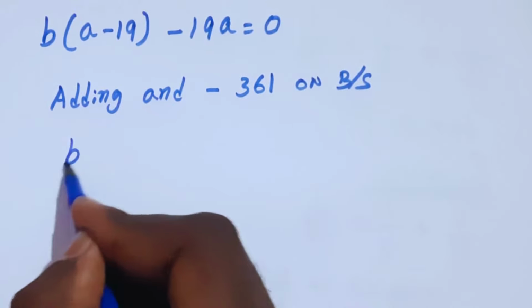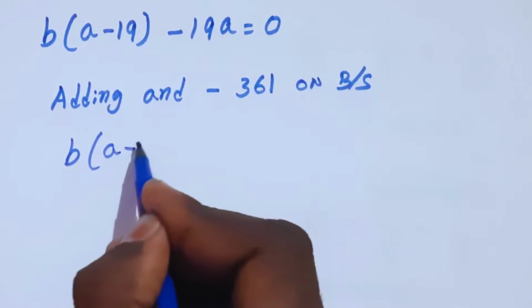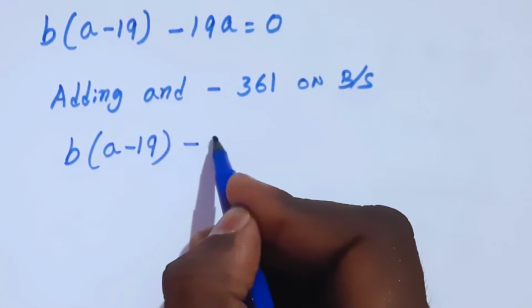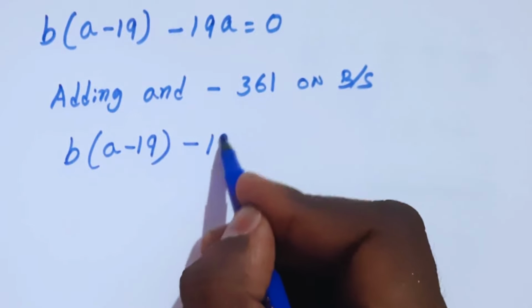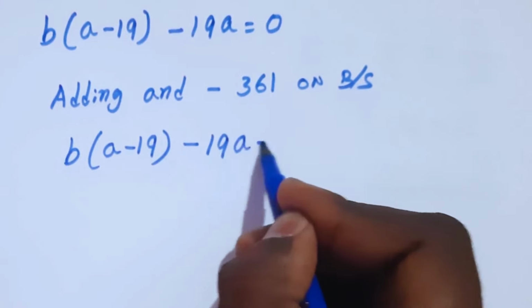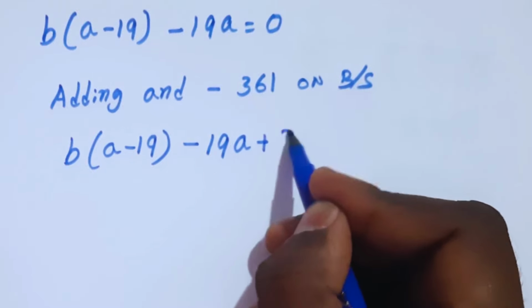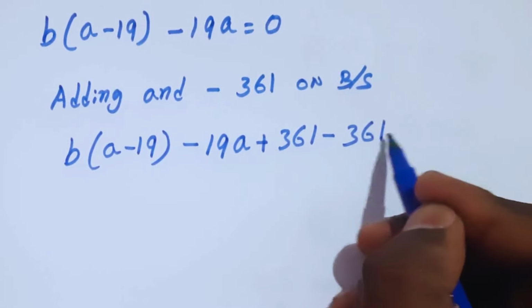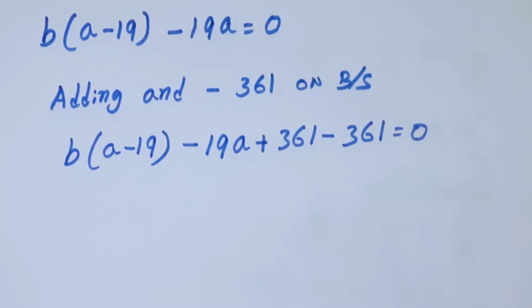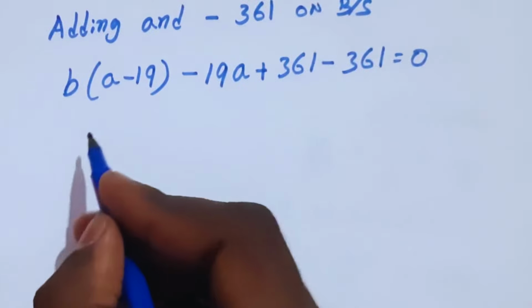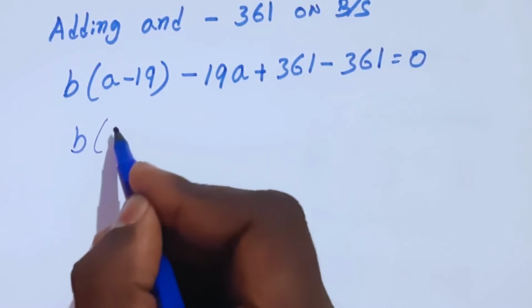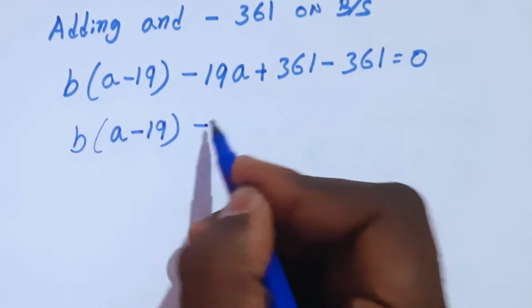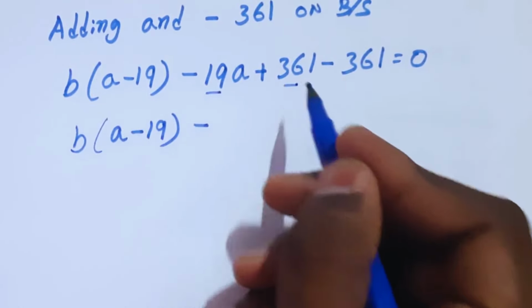So B times A minus 19 minus 19A plus 361 minus 361 equal to 0. Now B times A minus 19, here we are going to take 19 common here.